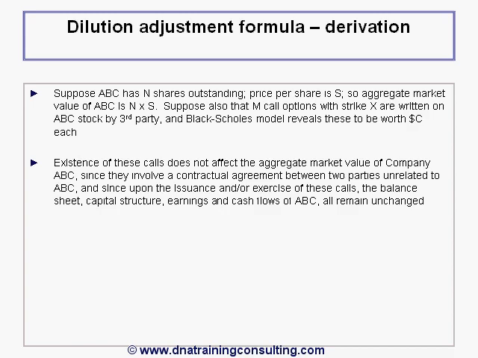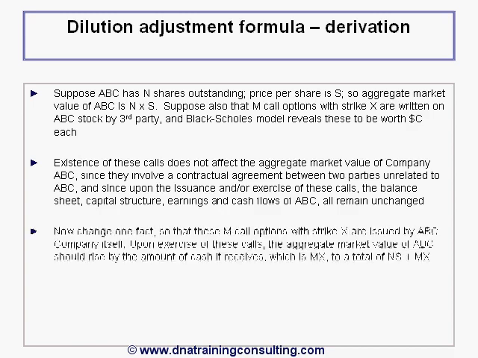Now change one fact so that these M call options with strike X are issued by ABC Company itself. Upon exercise of these calls, the aggregate market value of ABC would presumably rise by the amount of cash it receives, which is MX, to a total of NS plus MX.